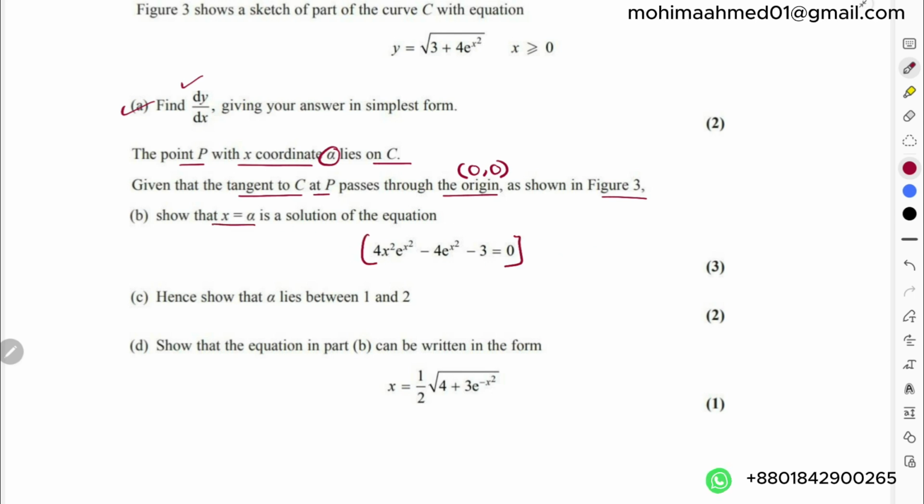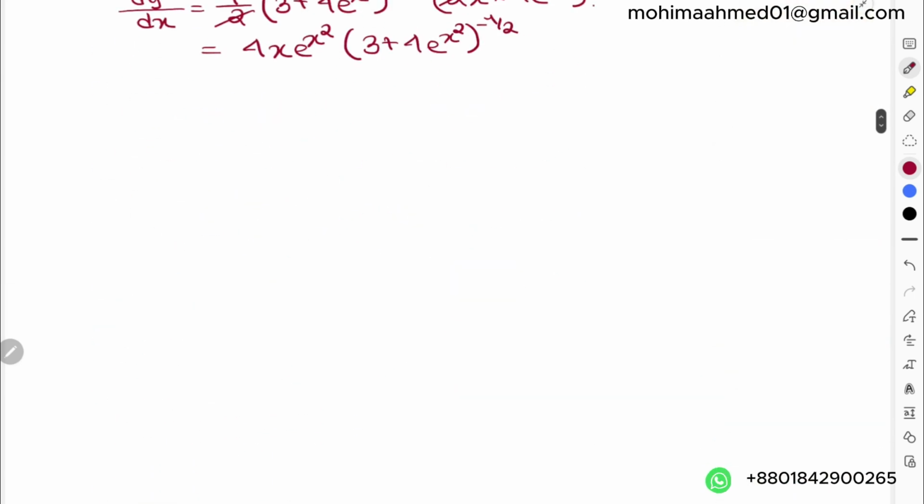That means the tangent and curve have the same equation. So I have to somehow extract this equation because I only have the x coordinate of point P, alpha. Inserting another alphabet into an equation will not give me any solution. So I have to extract this equation using the gradient formulas. This is how we're going to carry on.